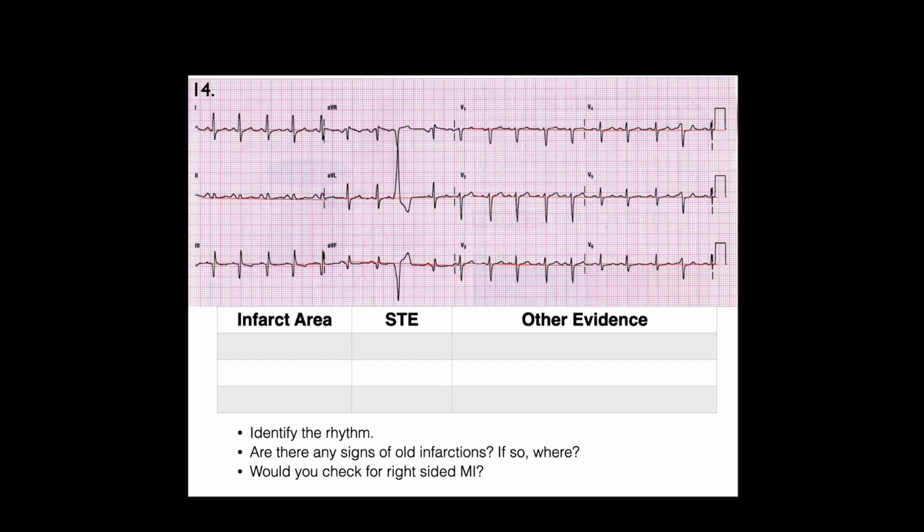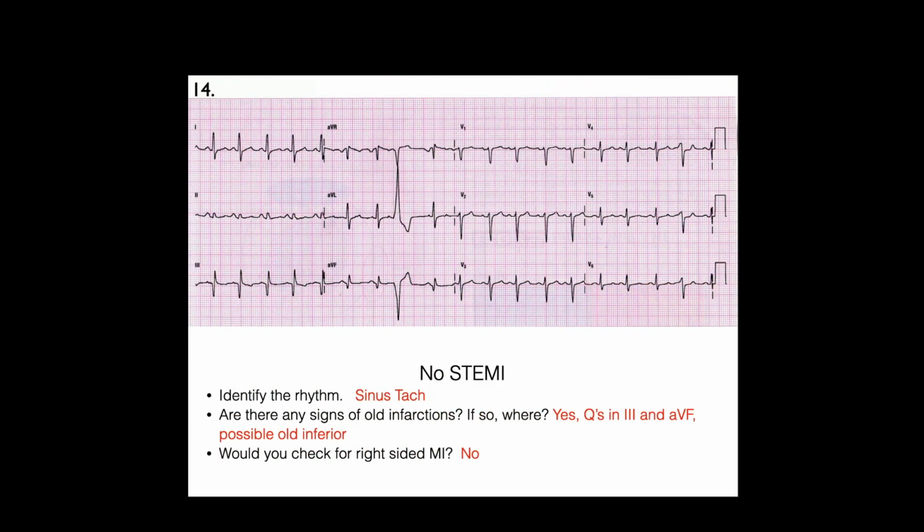Looking at it, there's a possible, looking at the Q's in aVF and maybe in 3. I agree with that. Yep. Maybe possible. Yeah, in this particular case, so sinus tach, you're correct, the PVC, I don't have it here.